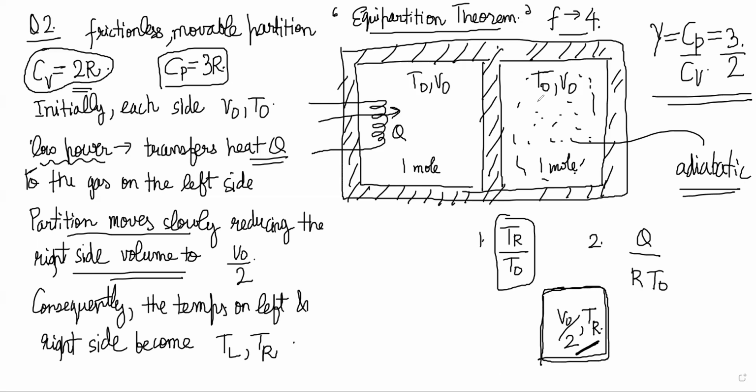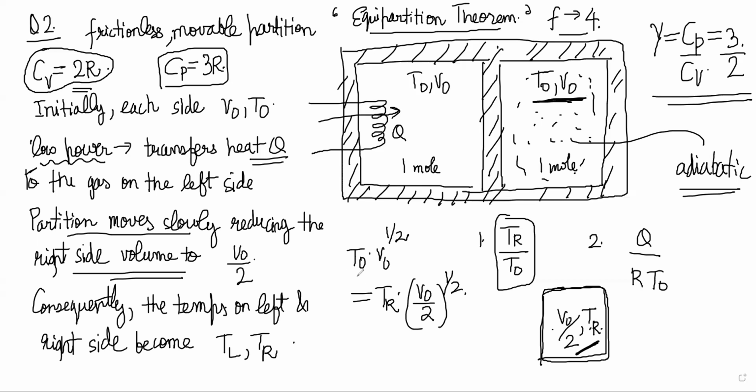Starting point was T naught V naught, now it is V naught by 2 and TR. So we can use that equation, T V power gamma minus 1, correct? Gamma is 3 by 2, so 3 by 2 minus 1, so 1 by 2. T naught times V naught to the power 1 by 2 is equal to TR times V naught by 2 to the power 1 by 2, right?